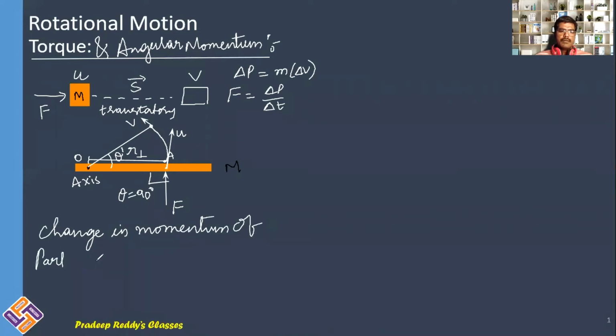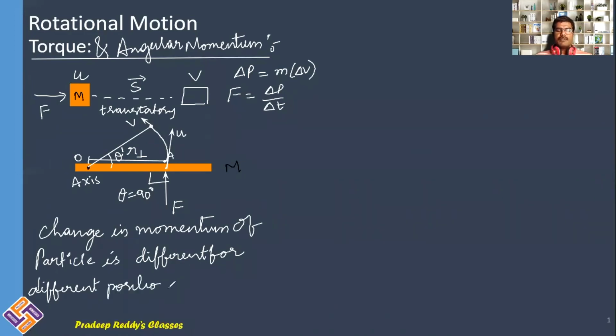The change in momentum of the particle is different for different positions. It is different for different positions from the axis of rotation.